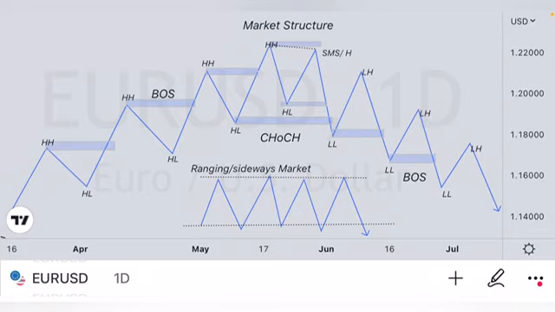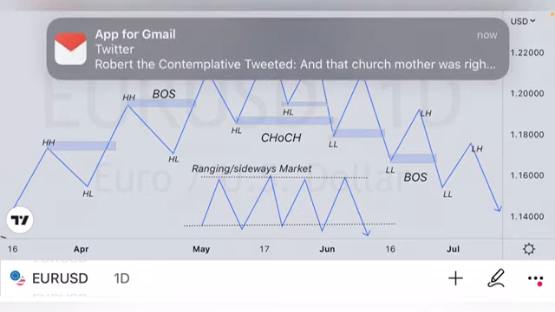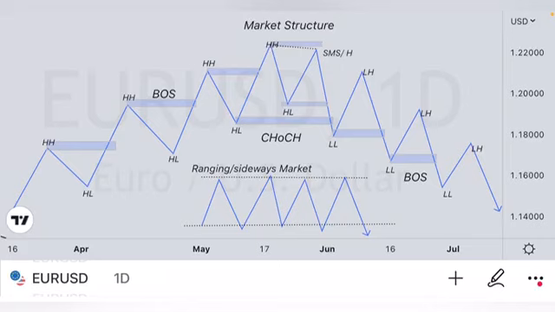While change of character can give you the main intent, or it can tell you whether the market is reversing or the market is still going up. Without wasting your time, I will show you the structure of the market and also the change of character when the market is on uptrend and when the market is on downtrend, and how you indicate it.